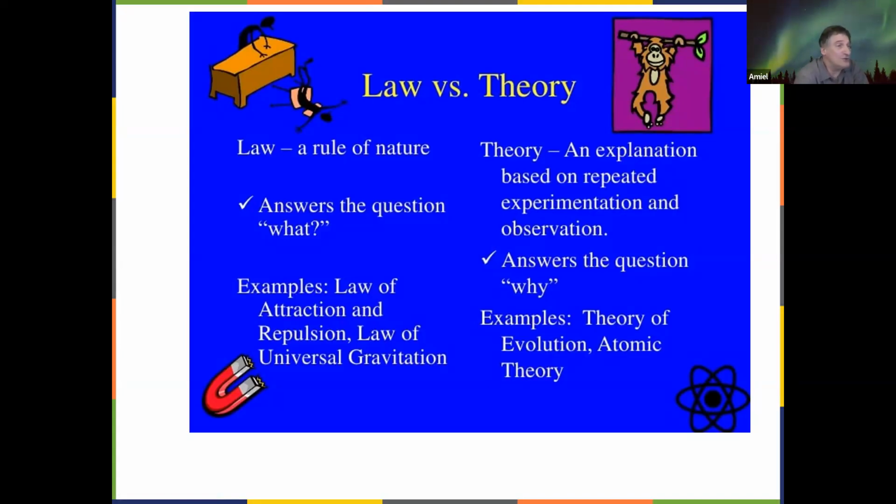And once you recognize that as being true, then you can explain the behavior of matter using atomic theory. So theories explain the why, and the law is a pattern or rule of nature.